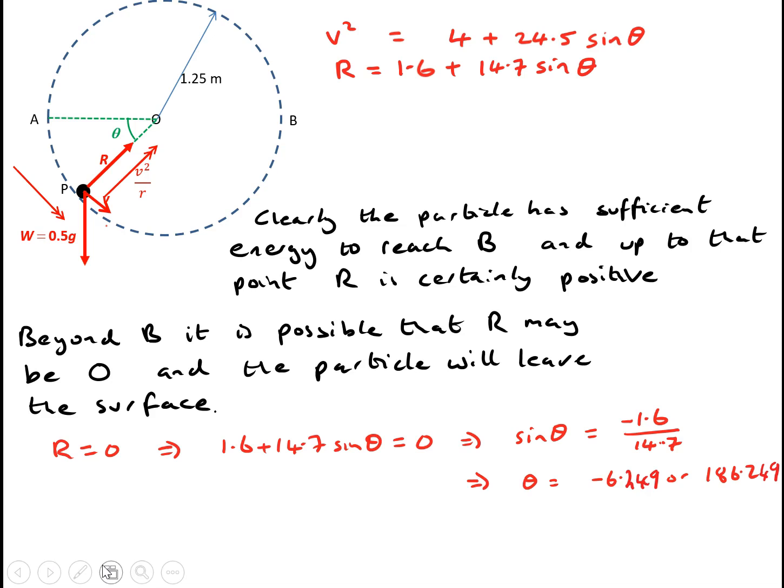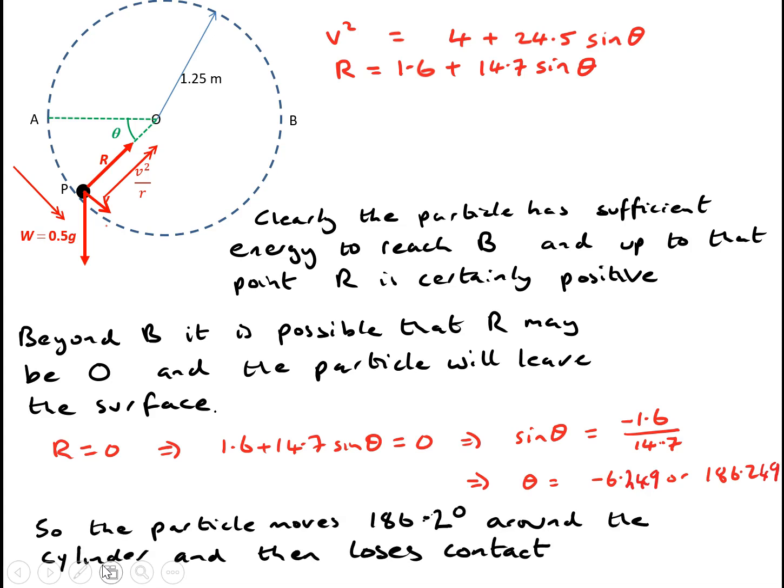We know the particle will certainly get up to the theta equals 180 point, so it's clear that we want the 186.249 degrees result. So we've got R equals 0 when theta equals 186.2 degrees.